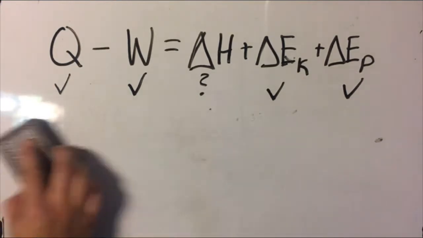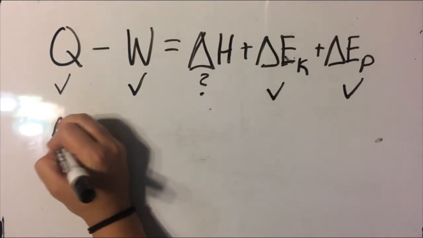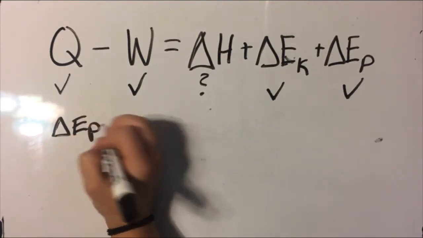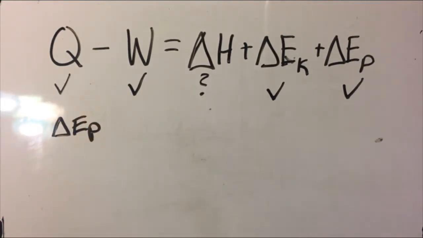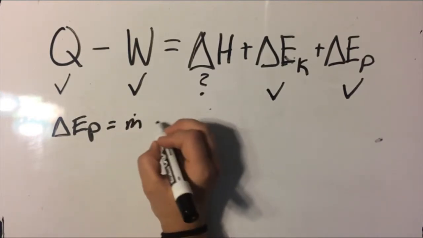So now we'll move on to calculating our change in potential energy. Now again, the equation we would normally use, which includes mass, is mgh.